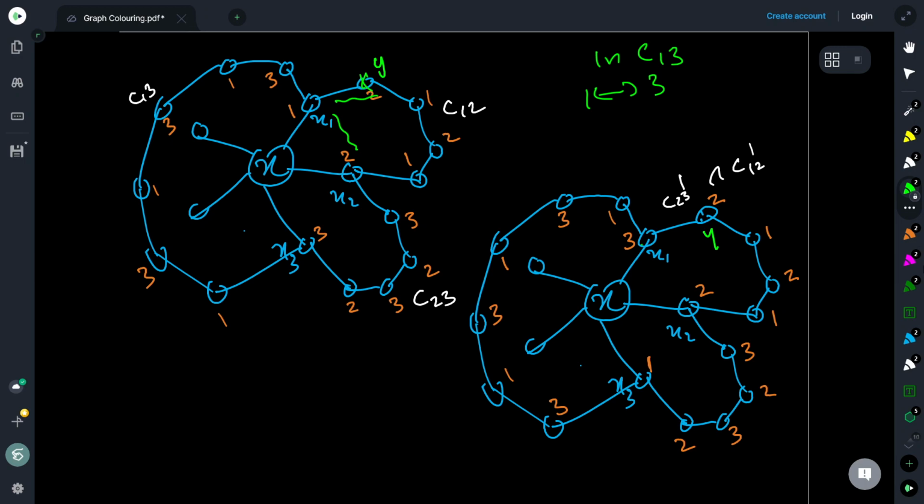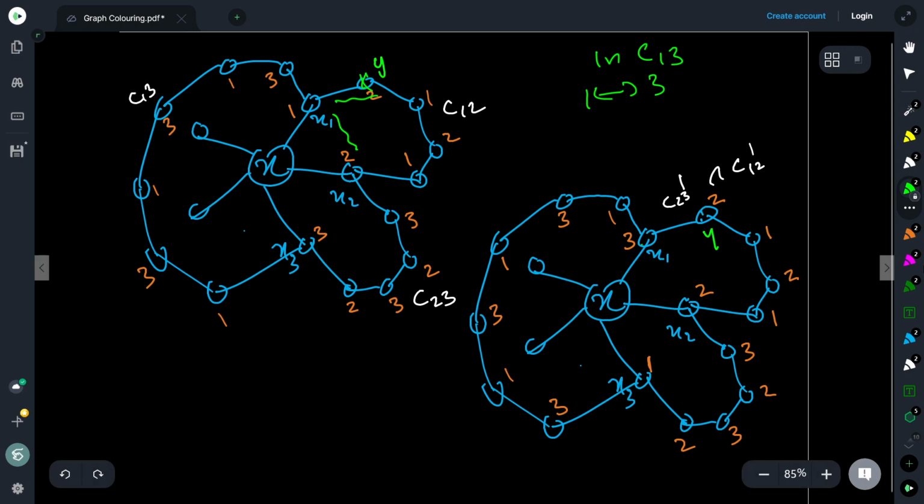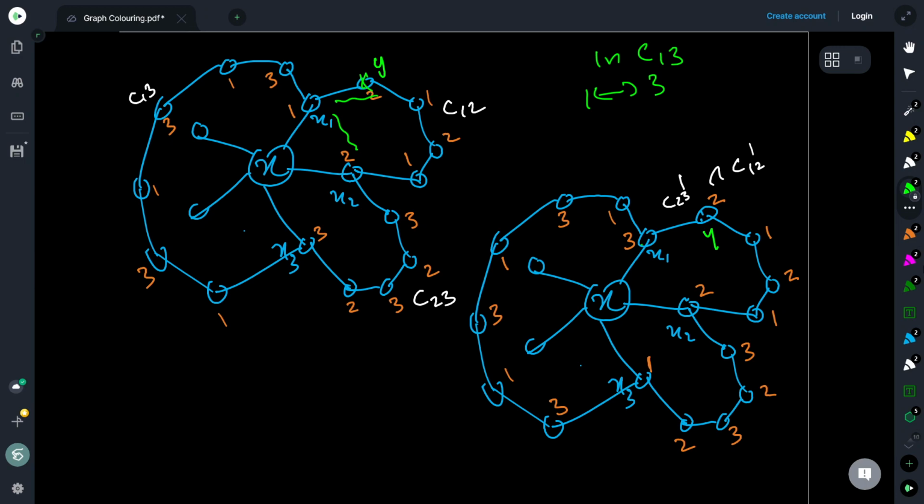That vertex is colored 2 in the original graph, and when I recolored the x1, x3 path, x1 is colored 3 and y is colored 2. Therefore the C23 component must contain y, because x1 is now colored 3 and 2 is adjacent to it, so x1 is part of C23.